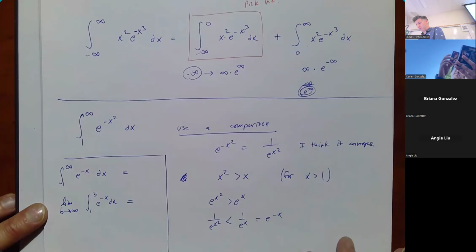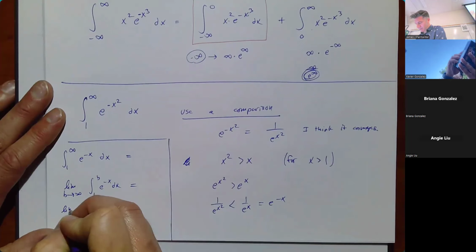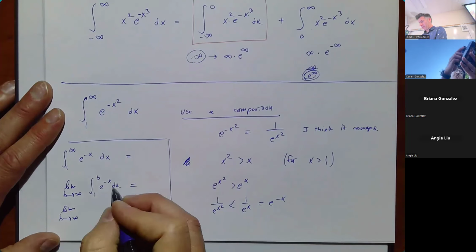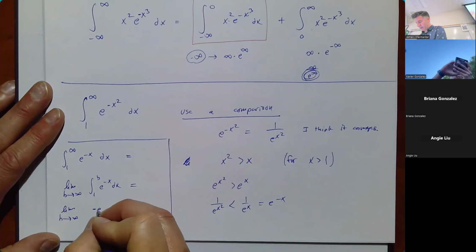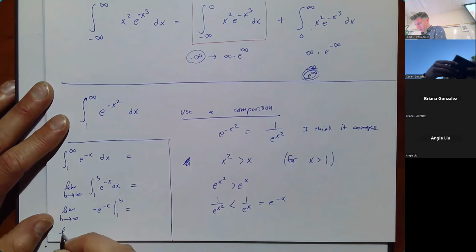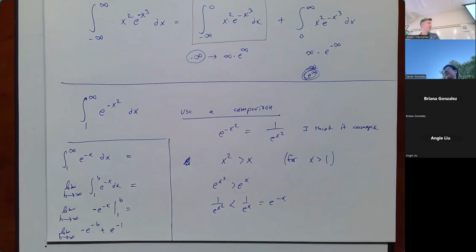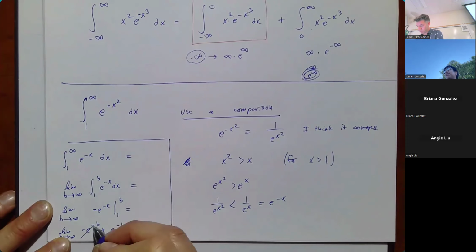That's going to be the limit as b goes to infinity of negative e to the negative x from 1 to b, which is the limit as b goes to infinity of negative e to the negative b minus negative e to the negative 1. And as b goes to infinity, e to the negative b goes to e to the negative infinity, which goes to 0. So you end up getting 0 plus e to the negative 1.